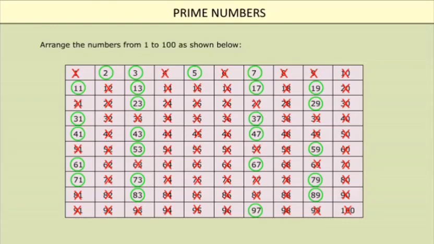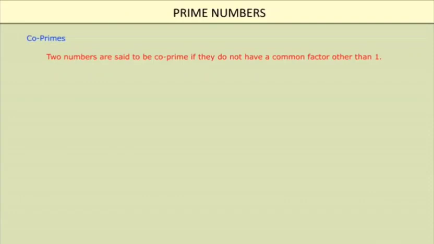the Sieve of Eratosthenes. From the above list of prime numbers, we observe that every prime number is odd except 2, but every odd number need not be prime. Co-prime. Two numbers are said to be co-prime if they do not have a common factor other than 1.